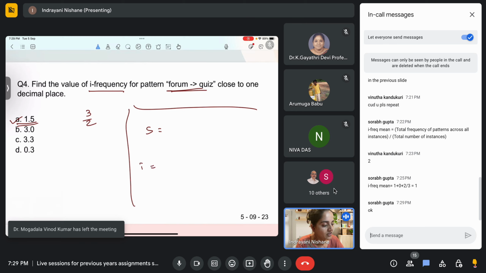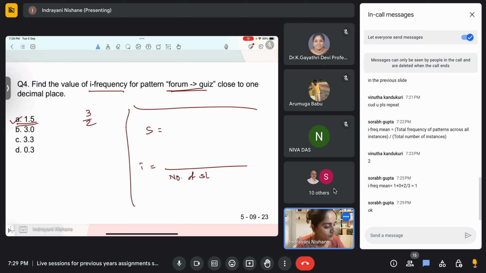In I support, we divide the number of times the pattern is observed by the number of students for whom the pattern is observed.